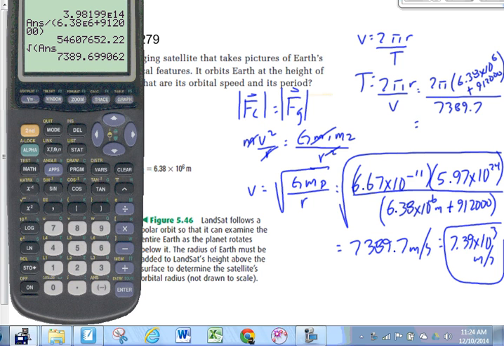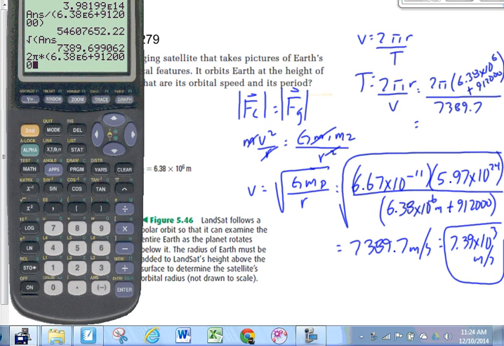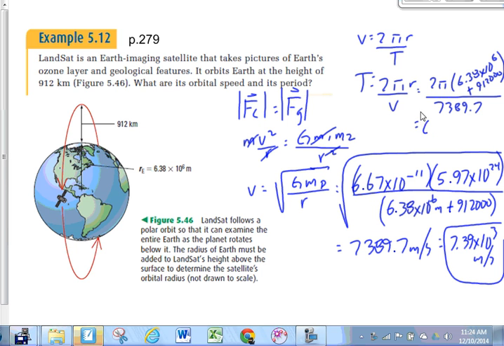If we're using standard units in this question, we got to get standard units for an answer here. 2 times pi times, let's use some brackets here for r, 6.38 times 10 to the 6 plus 912,000. End the bracket. There's the top number. Let's divide it by the bottom number, which was my last answer, the speed. 6,200, or 6.20 times 10 to the 3 seconds.